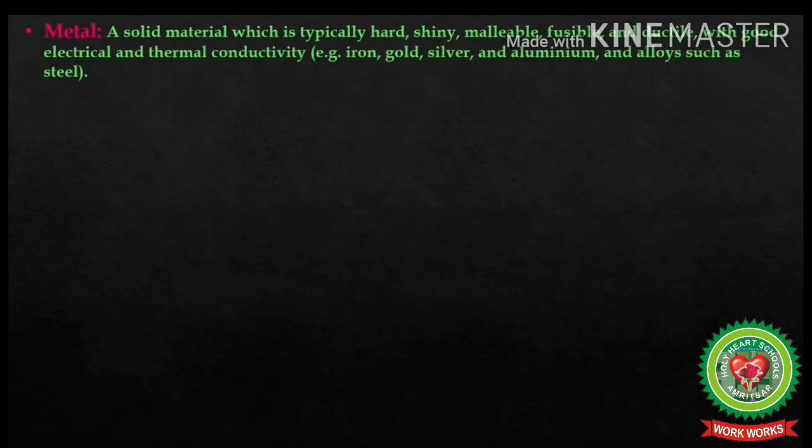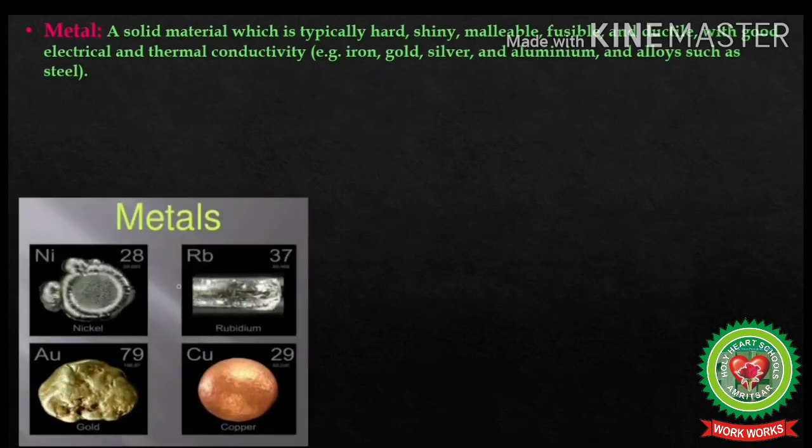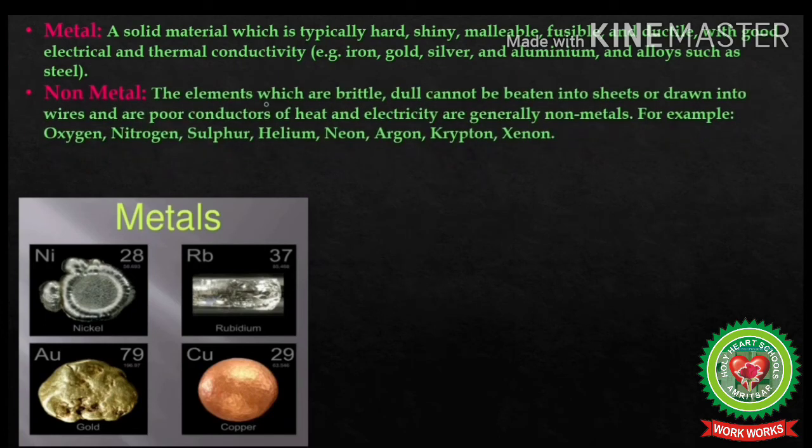What is a metal? A solid material which is typically hard, shiny, malleable, fusible and ductile with good electrical and thermal conductivity is called metal. For example, iron, gold, silver, aluminium and alloys such as steel. Second term is non-metal. The elements which are brittle, dull and cannot be beaten into sheets or drawn into wires and are poor conductors of heat and electricity are generally non-metals.